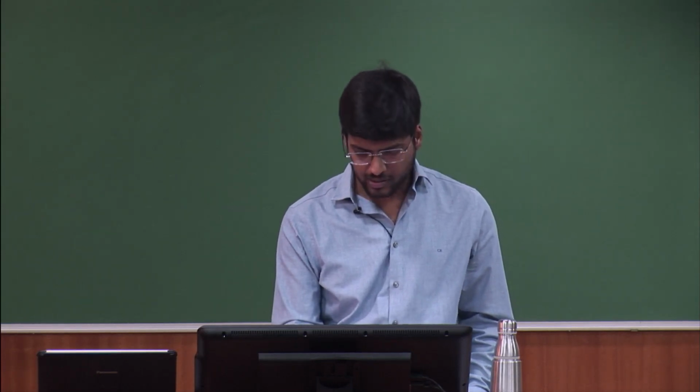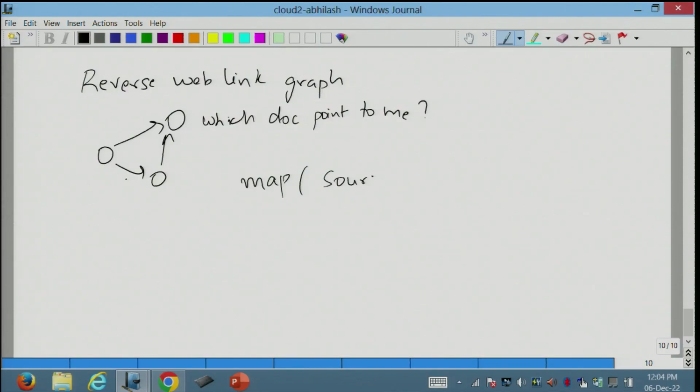One way to write this map is it will take the source document and parse the document, and anytime it finds a link, it will emit it, for all links.